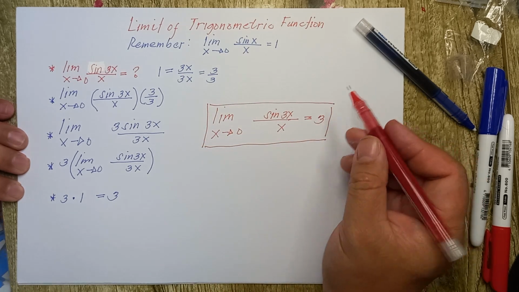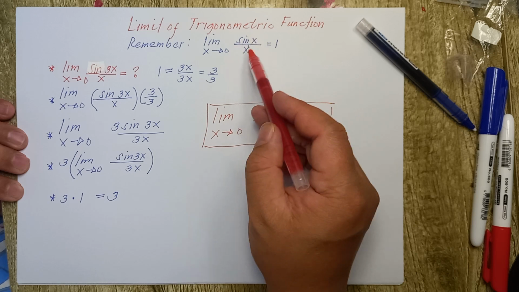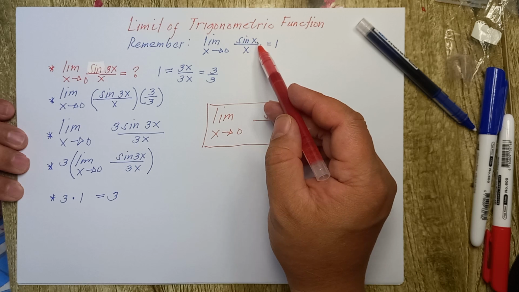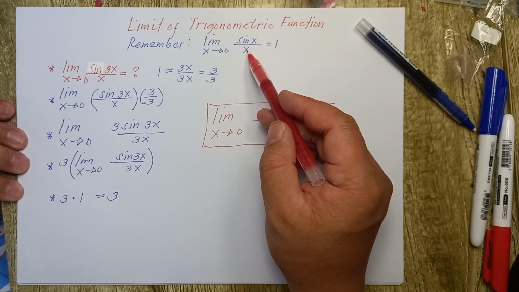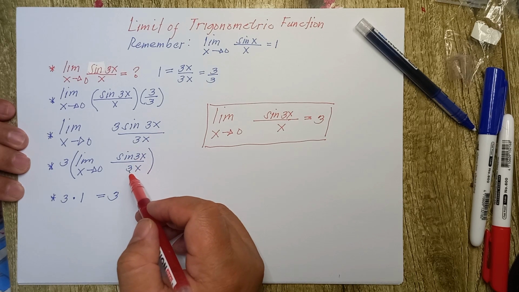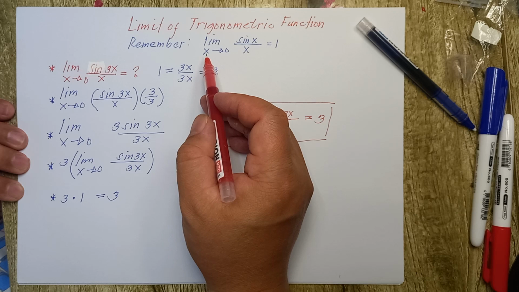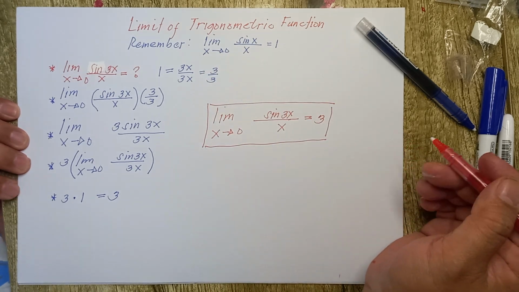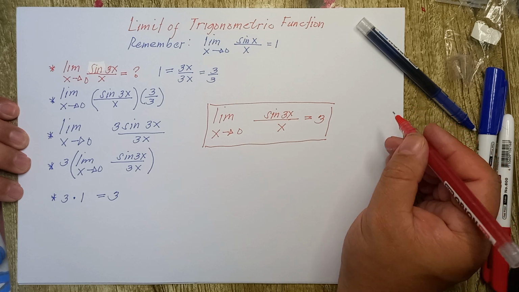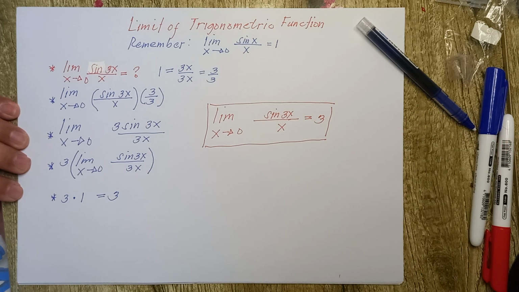Again, we just liken the denominator to be the same as the coefficient of sine. If that is x, that must be x. If that is 3x, that must be 3x, so that the result will always be 1 if x is approaching 0. So that is another problem. Now let's look into the next problem.